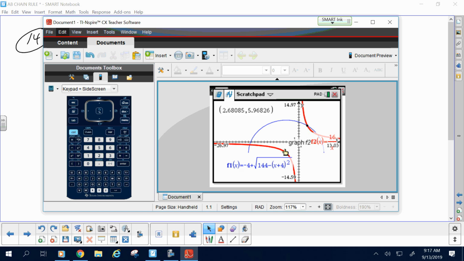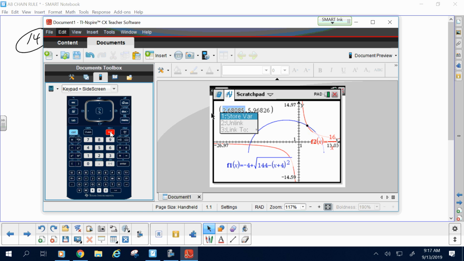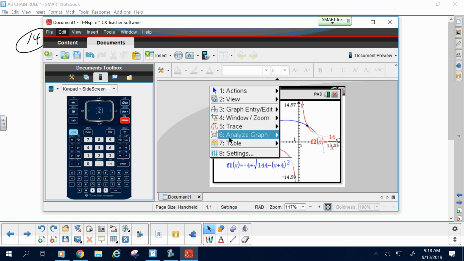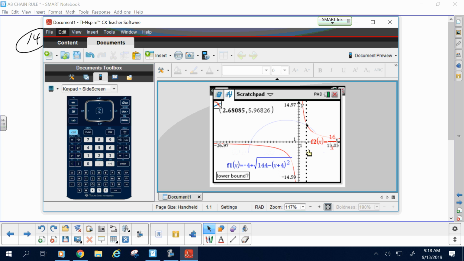We're going to care about the x. So how do I store that x? You hover over it, click it, and then go to vars and store it. Let's call it A, shall we? I'm going to do the same thing with the second intersection point. So watch it again. Menu, analyze graph, intersection, show where you're finding it.